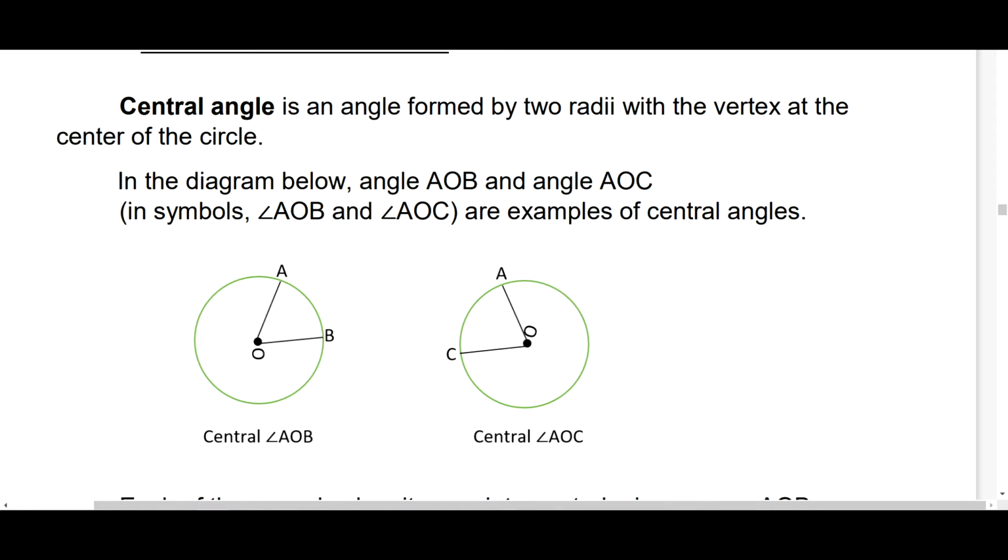So when you say central angle, ayun nga, nag-i-involve na yung center ng circle. So example, here, we have central angle AOB. Pwede din siyang BOA. We also have here on the other side, central angle AOC or COA.